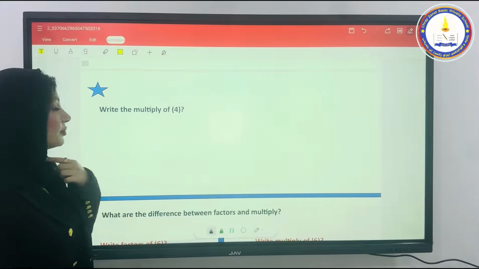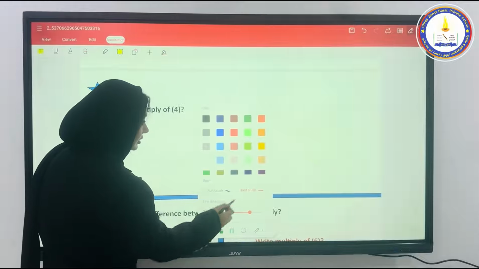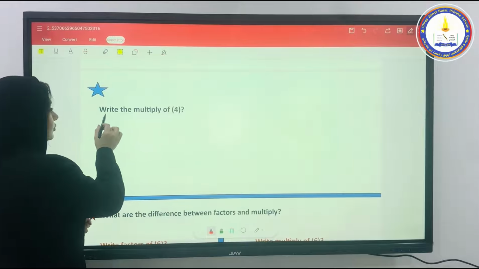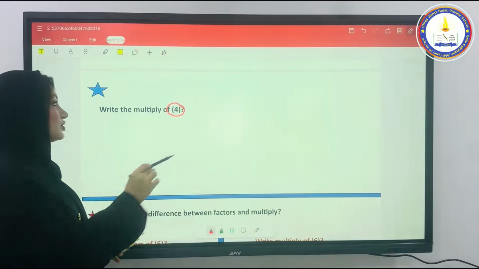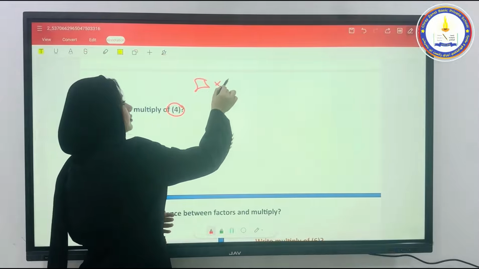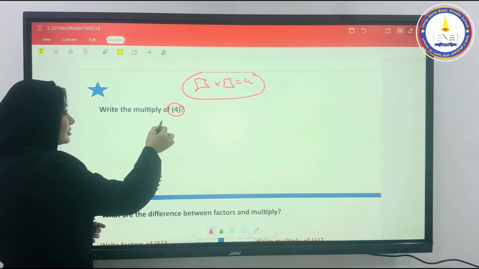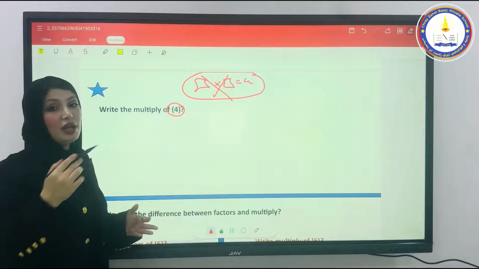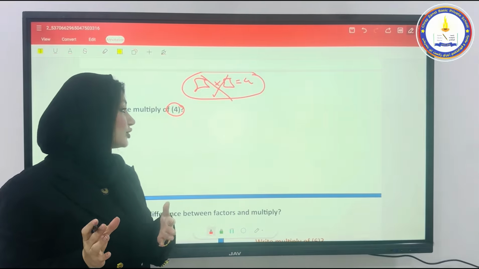Okay, what about the multiples? When they ask you for the multiples, look, write the multiples of 4. Only for the factors will you do it like that. But when they say multiples, we studied the multiplication table of 4.